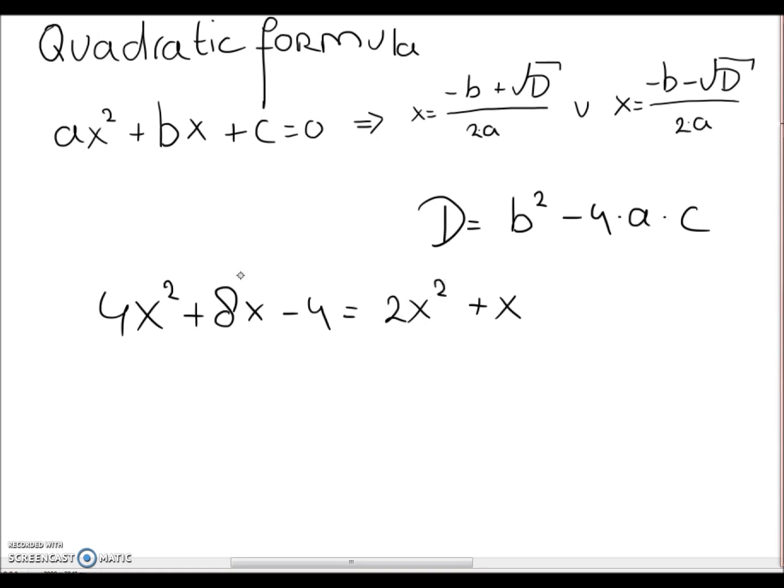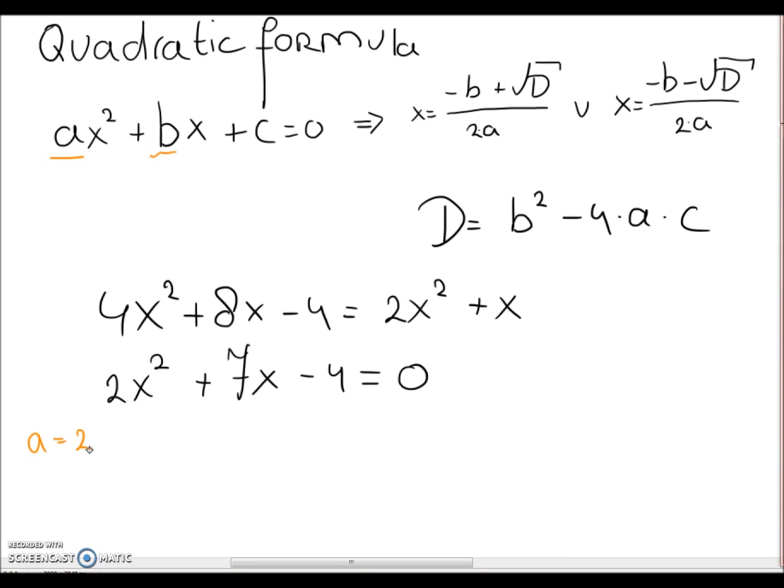So we subtract 2x squared from both sides, and then we subtract x from both sides, and then we do have a form that ends in is equal to 0. So let's see what our a, b, and c are in this case. A is the coefficient before the x squared, so in this case a is 2.